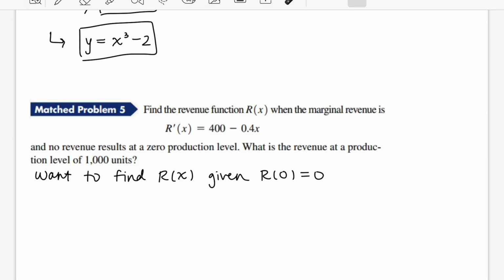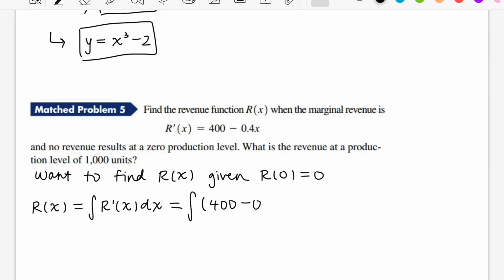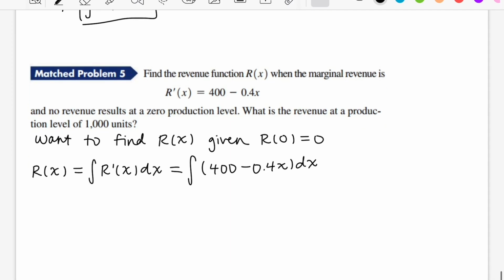All right, well, we know that if we want to find r of x, we're just going to have to take the integral of r prime of x, our marginal revenue. So this will be equal to the integral of 400 minus 0.4x with respect to x.